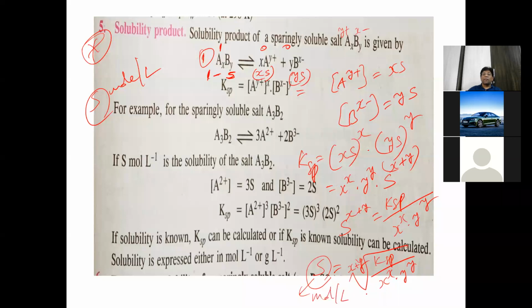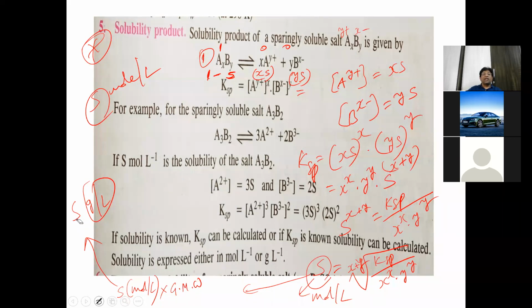Now the S value will be in moles per liter. If you want to calculate the S value in grams per liter, what do we have to do? The S value in moles per liter has to be multiplied by the gram molecular weight of that salt.